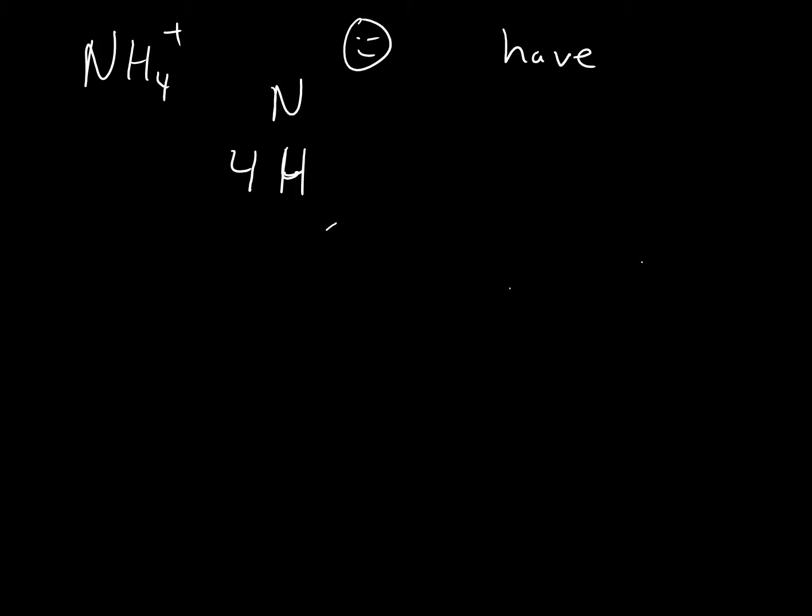The happy number for nitrogen is 8. It'll look like a noble gas if it has 8. The happy number for hydrogen is 2, but there are 4 hydrogens. So I'm going to have to multiply that by 4. So when I'm done, the total number of dots it would take to make this happy is 16.